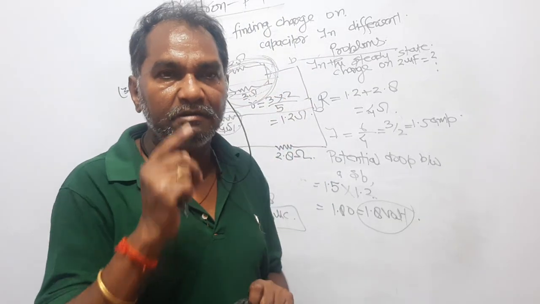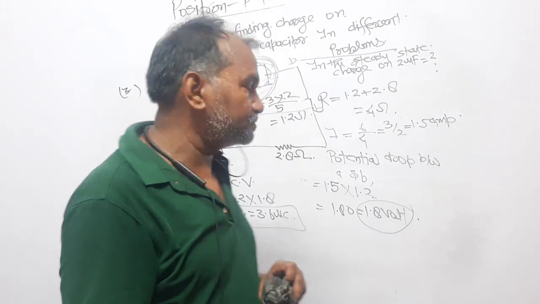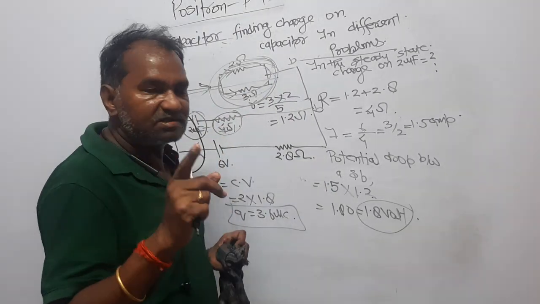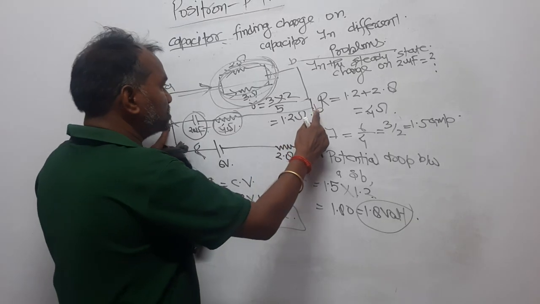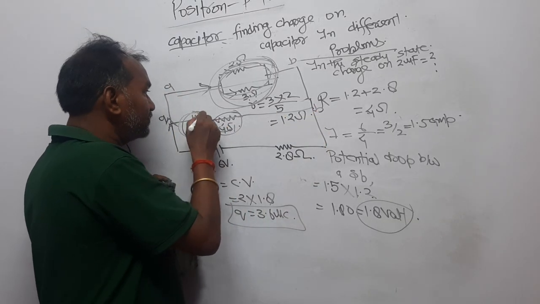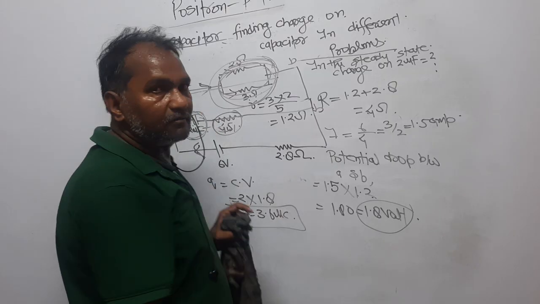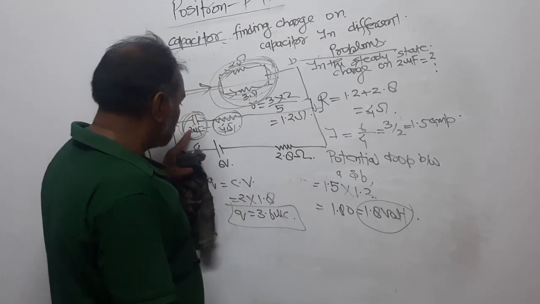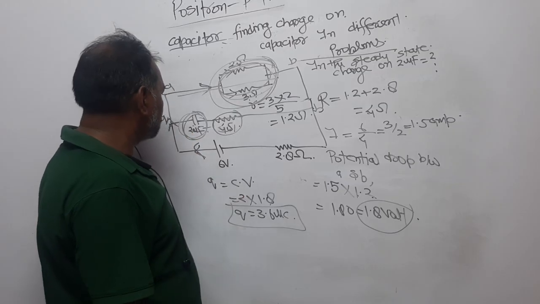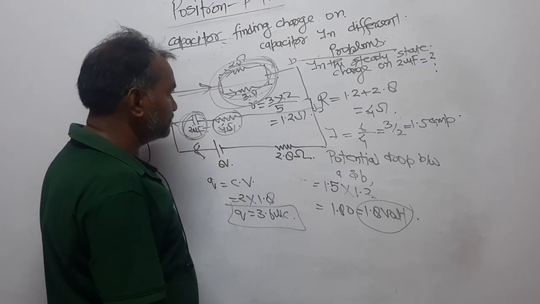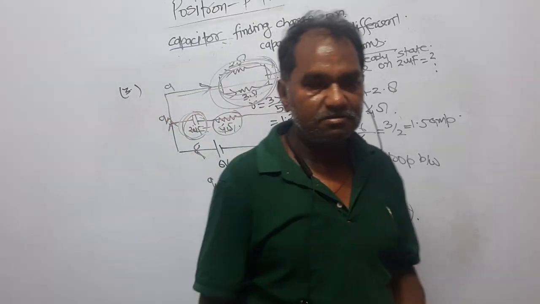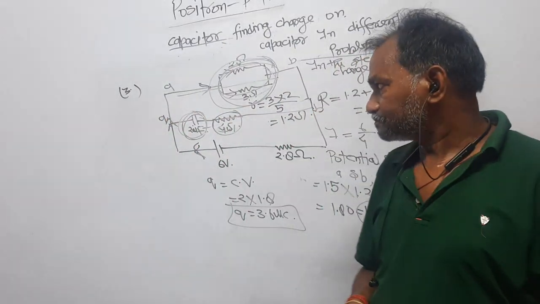In the series combination, you know the potential is distributed, but there it is not receiving any current in the steady state. So the potential difference between A and B will appear across it. It will be fully charged, and then there will be no current. And so in this steady state condition, Q is equal to C into V. C is 2 microfarad and V is 1.8, and simply it is 3.6 microcoulomb.